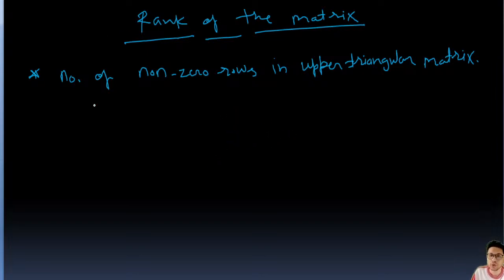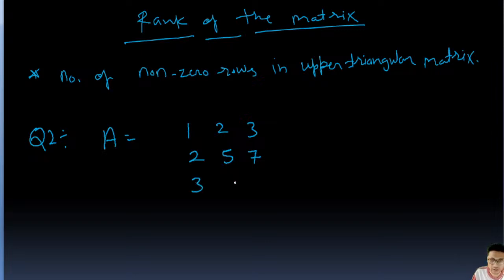Now I will solve a question and then it will be clearer to you. Question 2. We are given a matrix A equal to 1 2 3, 2 5 7, 3 6 10.